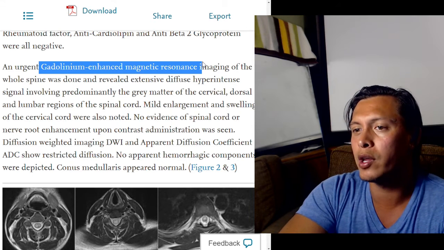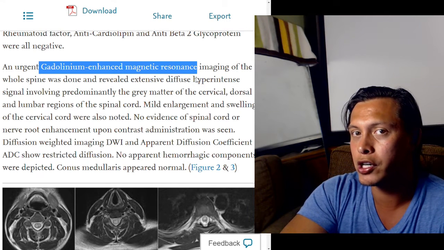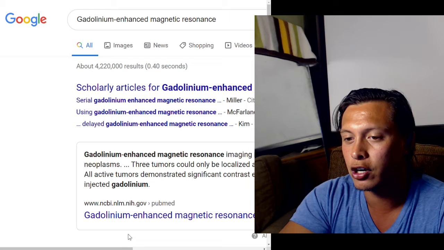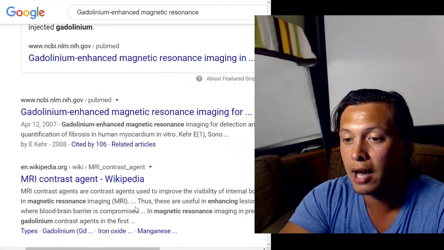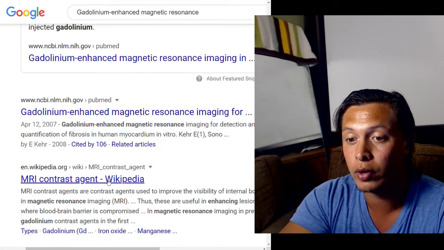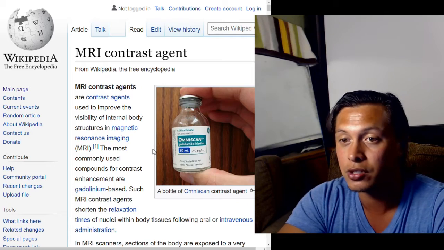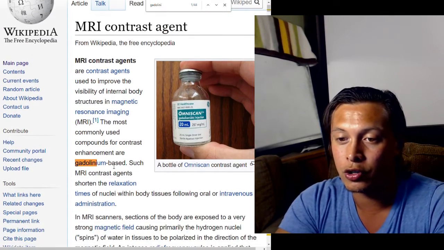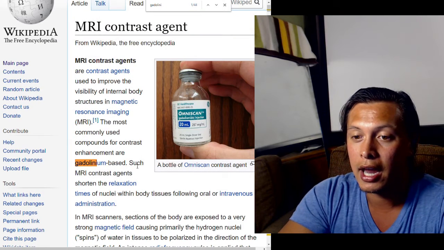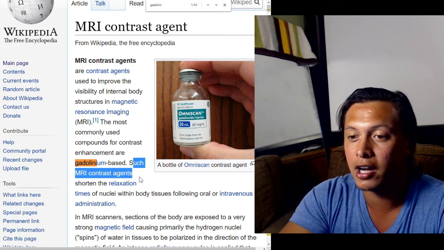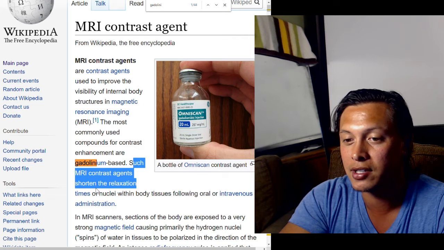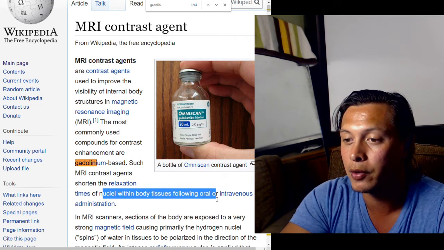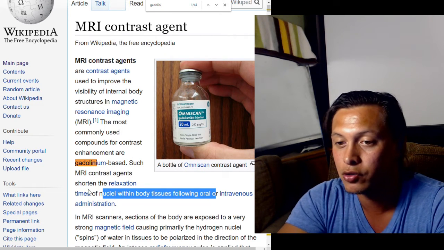Let's look this up so that I'm not giving you bullshit, but I believe it's able to interact with the MRI. Yeah, it's a contrasting agent. They're usually gadolinium based, and such MRI contrast agents shorten the relaxation times of nuclei within the body following oral or intravenous administration.